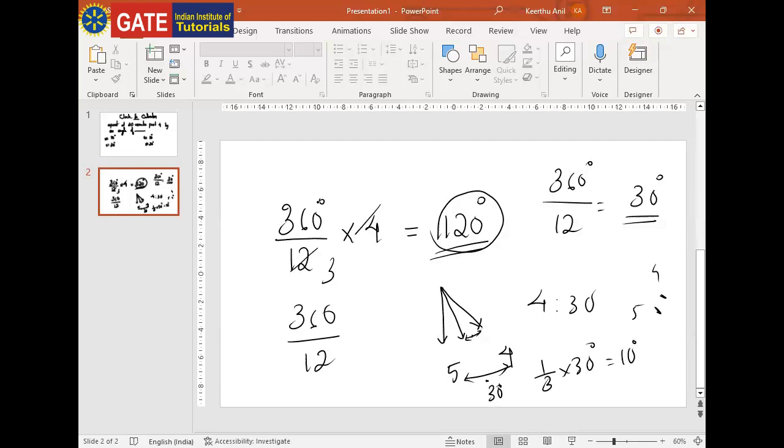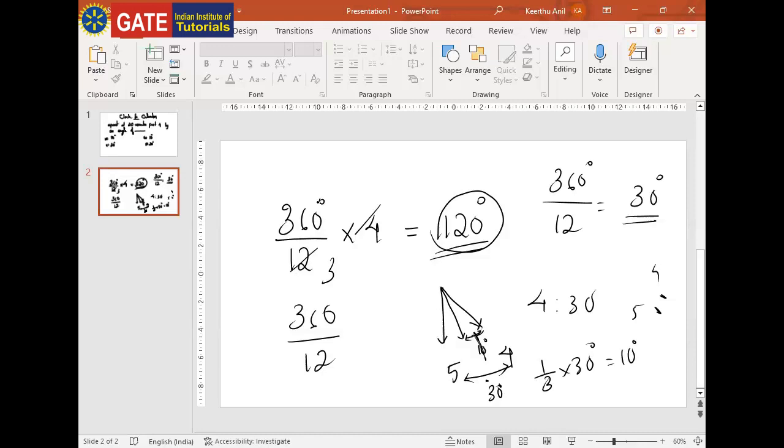So apart from 4, we should have a 10 degree shift so that I reach the point of the hour hand. Understood? So the minute hand will be exactly pointing towards the 4, while the hour hand will be slightly away from 4. That slight away means how much degree? 10 degree away from 4.